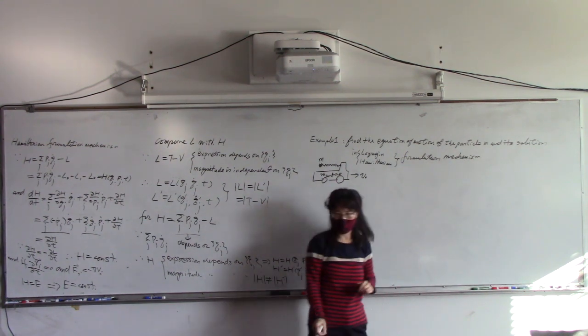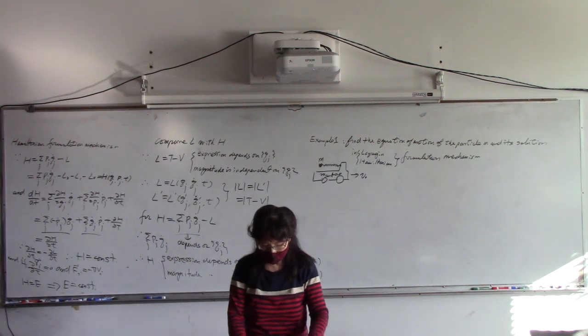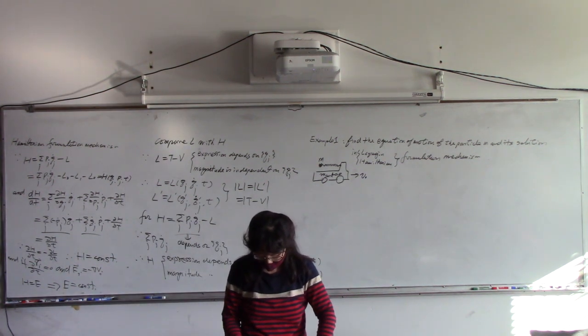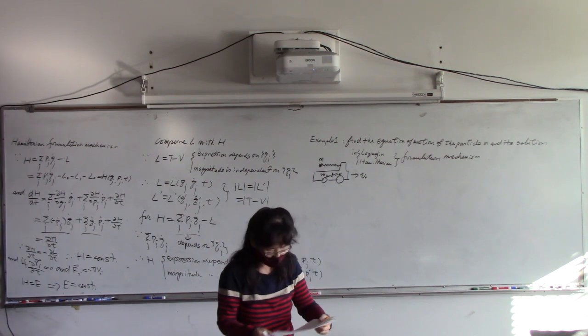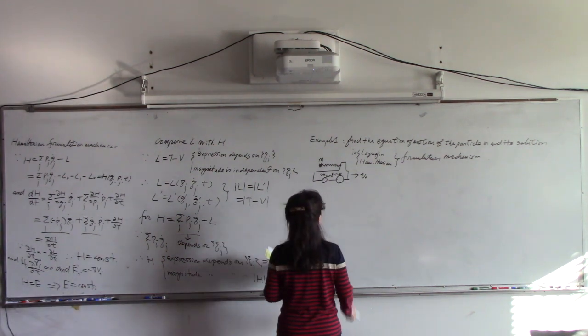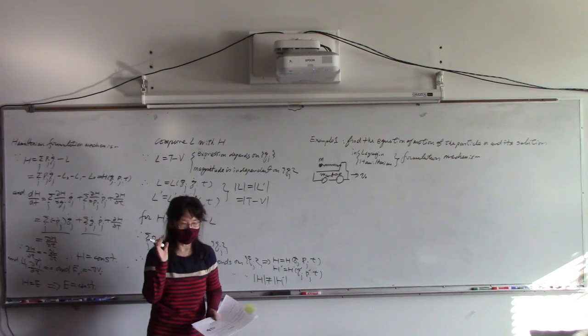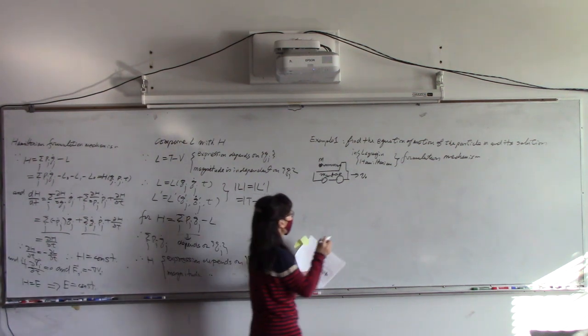So we will do both and see how to become familiar with those. Then we are also going to do some discussion. All right. So now first we need to set up the general coordinates, right?